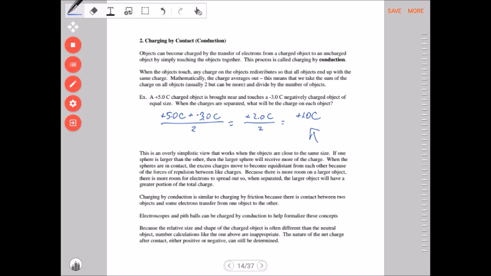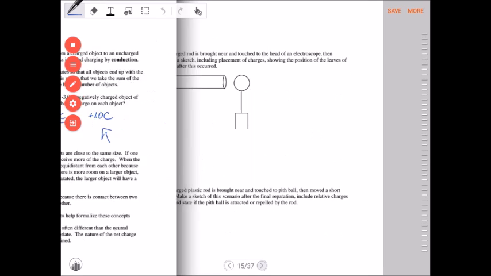Okay, so when you have a rod and a pith ball, clearly not the same size, even though they won't end up with identical charges, we'll still be able to figure out if they both end up being negative or both end up being positive, that kind of thing. So let's flip the page and have a look.